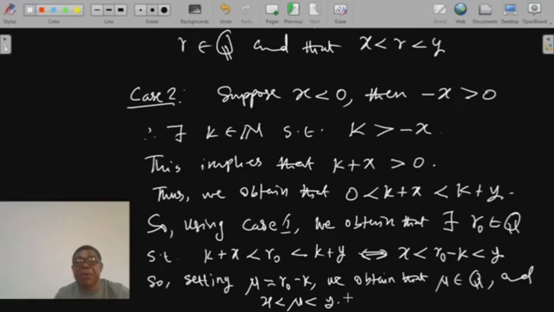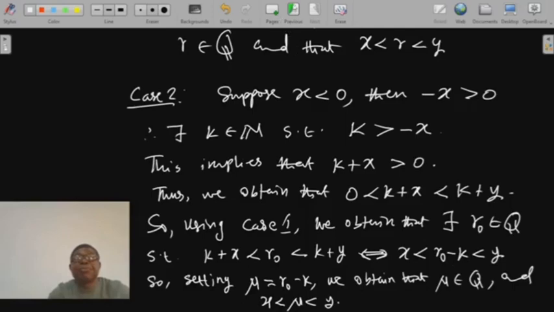This means, therefore, that given any two real numbers x and y, there exists a rational between them. So whether x is less than 0 or x is bigger than 0, we'll get that this holds. So what we've achieved is that given any two real numbers such that x is less than y, there exists a rational number between them.